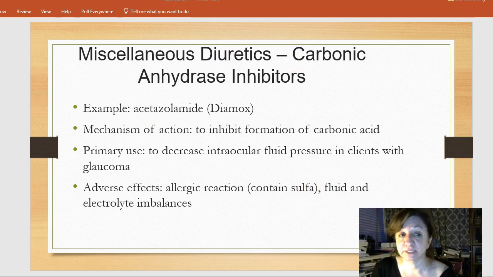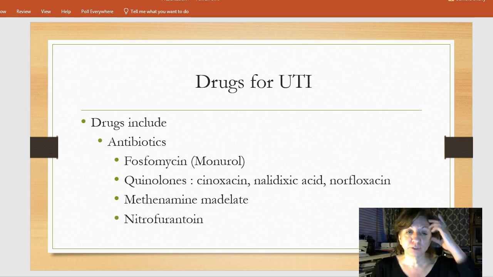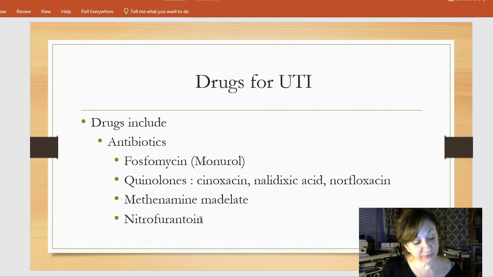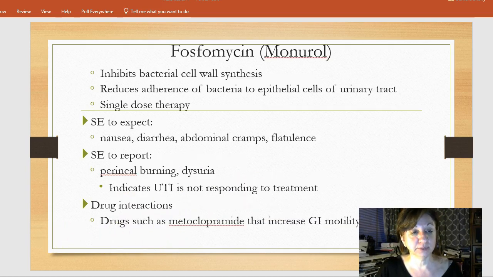Drugs for UTIs, so we are going to talk a little bit about antibiotics, but there are some specific drugs just for UTI. They work on the urinary tract effectively. And these are some names of drugs that are specific to that, which we'll talk about.